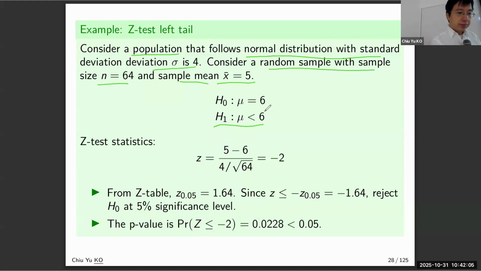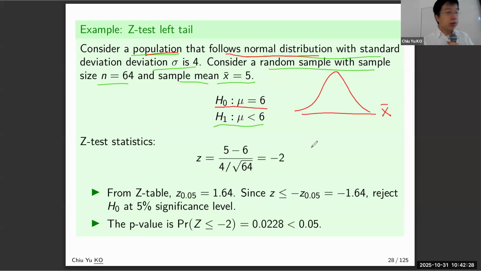So remember, by central limit theorem, or because the population is normal, the sample mean is also normal. Okay. And because we believe this is true, this will be centered at 6 as well.